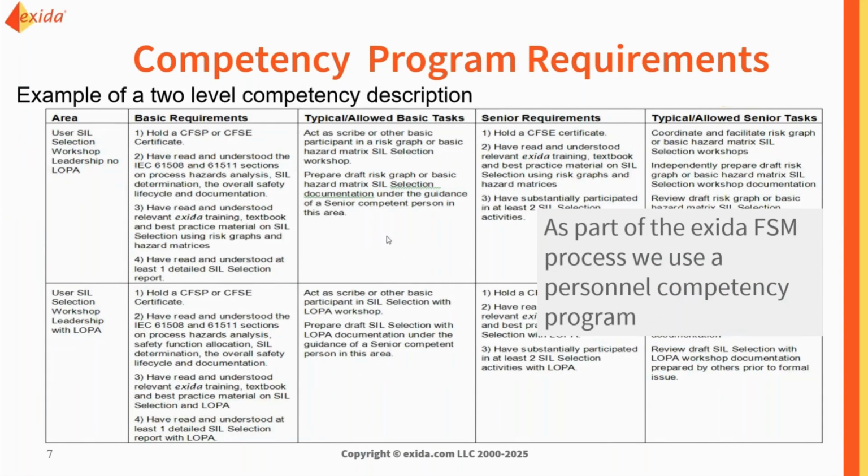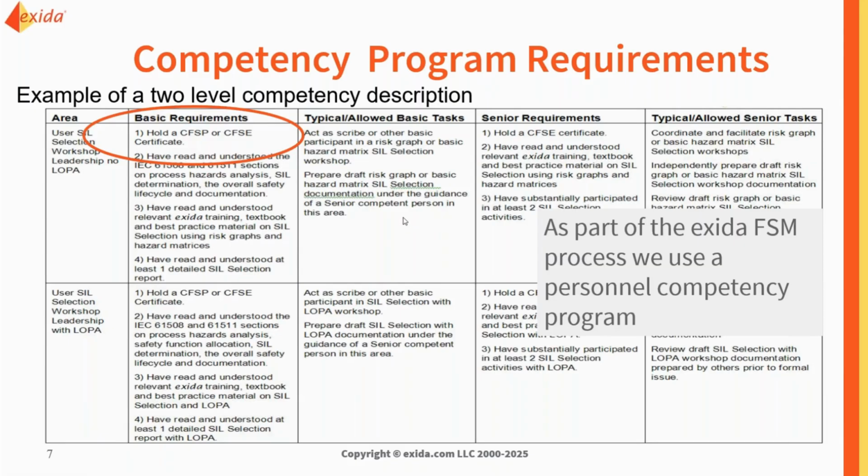So in Exeter, for example, we have this two-level competency description that we use. In this case, we're talking about doing SIL selection workshops and leadership, but not doing LOPA. The basic requirement would be that we want them to have a CFSP or a CFSE, and I'll talk about the difference between those in a minute.